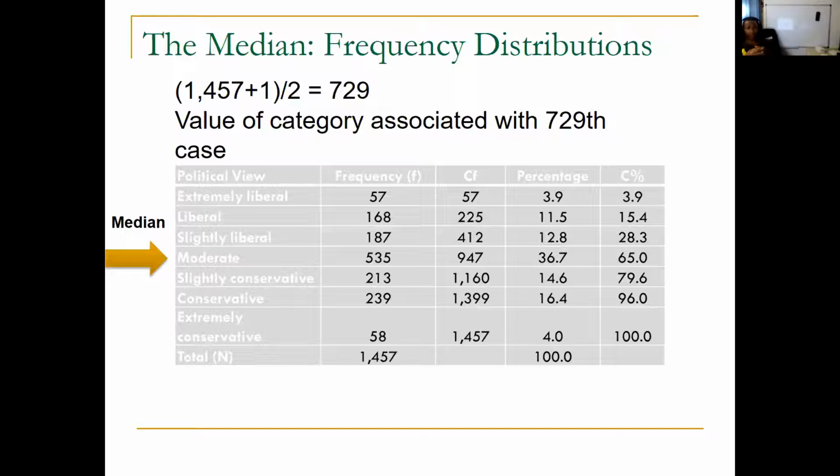Now, there are 2 ways to go about calculating the median. One way you can use the frequencies, the other way you can use the percentages. The percentages are easier. But obviously you have to calculate the percentages, right? Here the percentages, the cumulative percentage, and the cumulative frequency are just given to you.